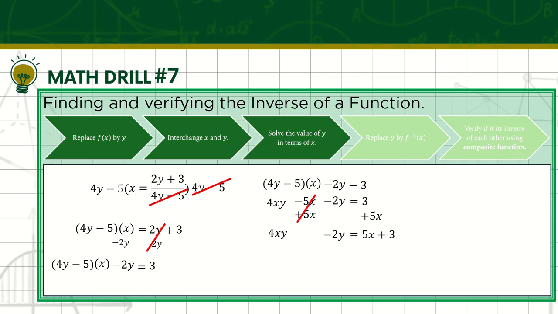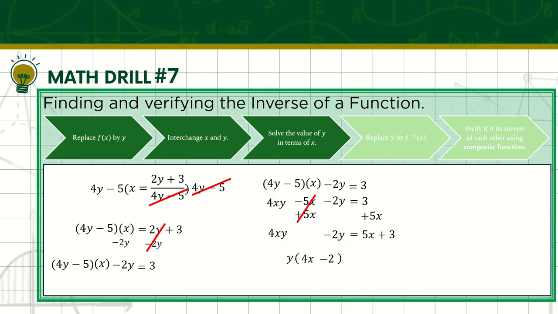And then after that, as you can see from 4xy and negative 2y, we have the same variable which is y. So therefore, we need to factor out y from those given terms. Therefore, we have now y. And for the second factor, we're going to copy the 4x and the negative 2.